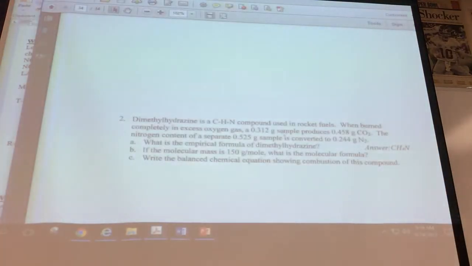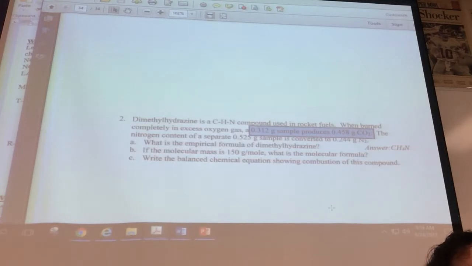In the second problem, it says dimethylhydrazine is a CHN compound, and I wrote your quiz similarly where I told you what elements comprise the compound, so there was no wiggle room for error. When burned completely in excess oxygen gas, a 0.312 gram sample produces 0.458 grams of CO2.